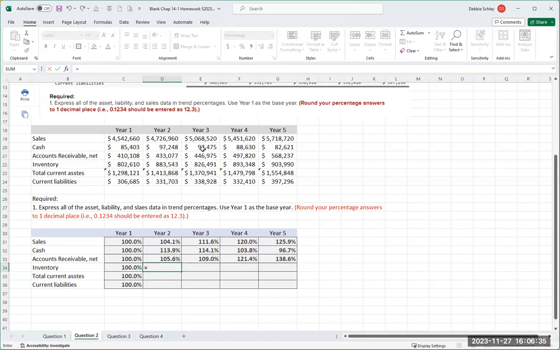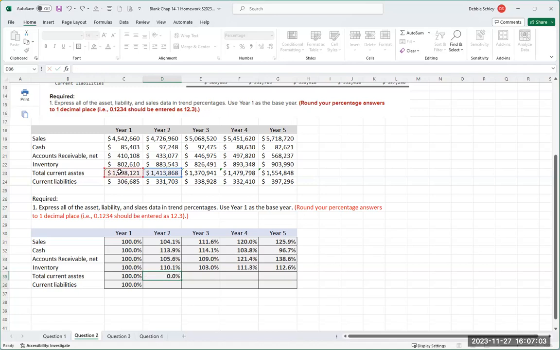So equals year two inventory divided by year one inventory. Equals year two total current assets divided by year one total current assets.